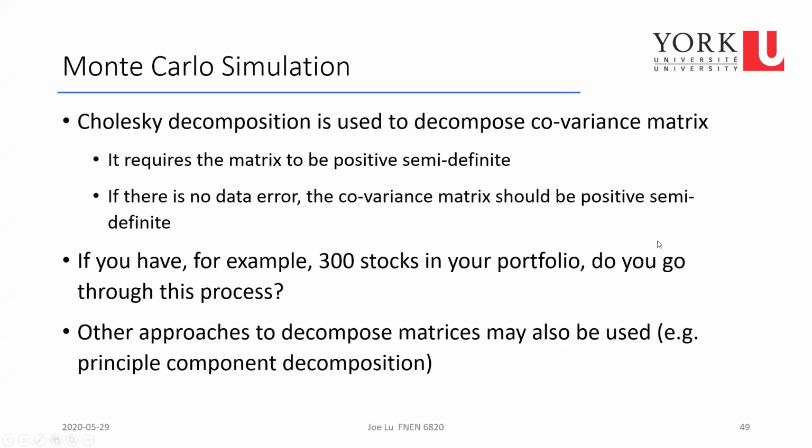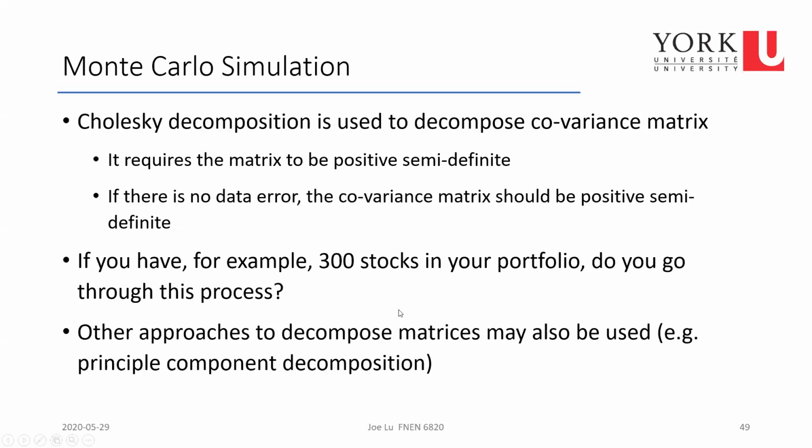Now, Cholesky decomposition has some limitations. Number one, it is computationally intensive, because you're going to decompose a covariance matrix. If the matrix is really large, it will take a long time to decompose.